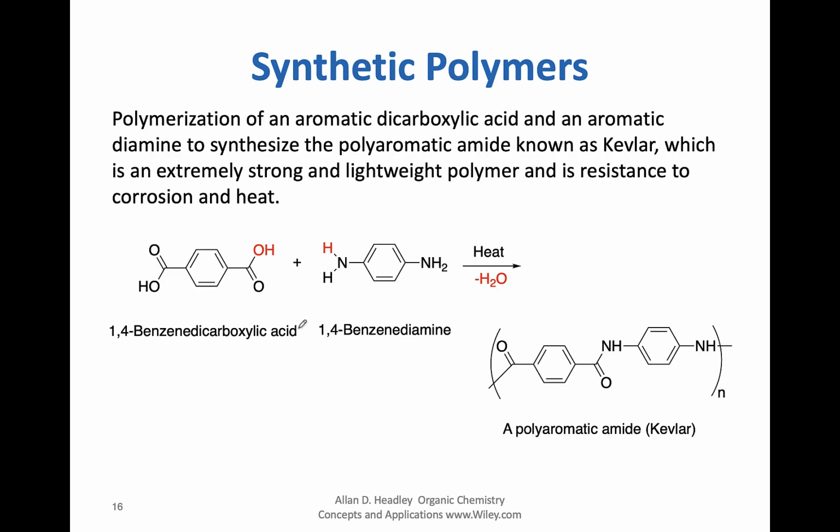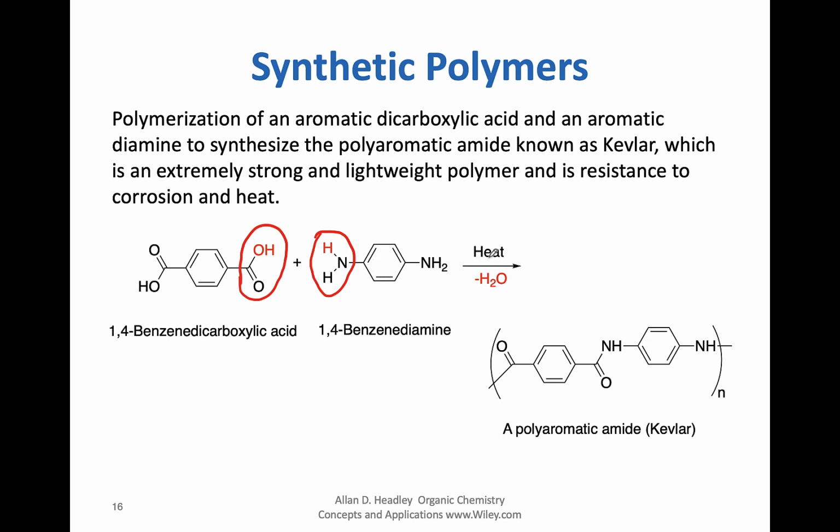Here is another type of chemistry we have done before. This is a carboxylic acid here, so let's concentrate on this carboxylic acid functionality. And this other molecule here has an amine functionality, so let's concentrate on that.